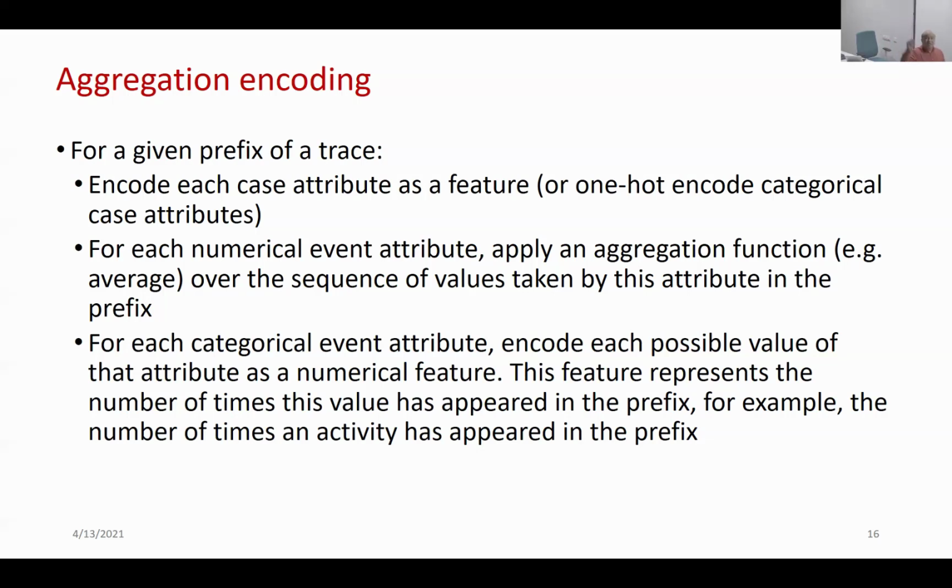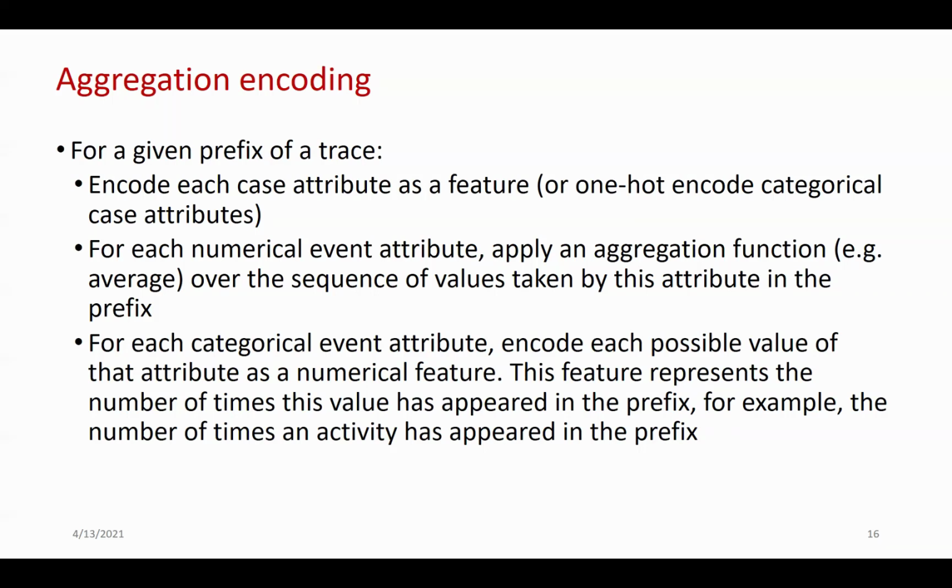Let's say once, so I write 1 in that position of the feature vector, etc. And if an event attribute is a numerical attribute, like for example, the credit limit, then I will look at all the values that this event attribute has taken, and I will aggregate them using an aggregation function that the user may tune, may change.